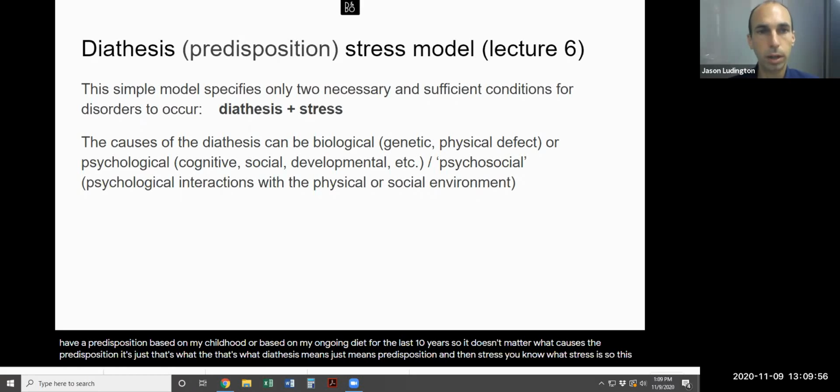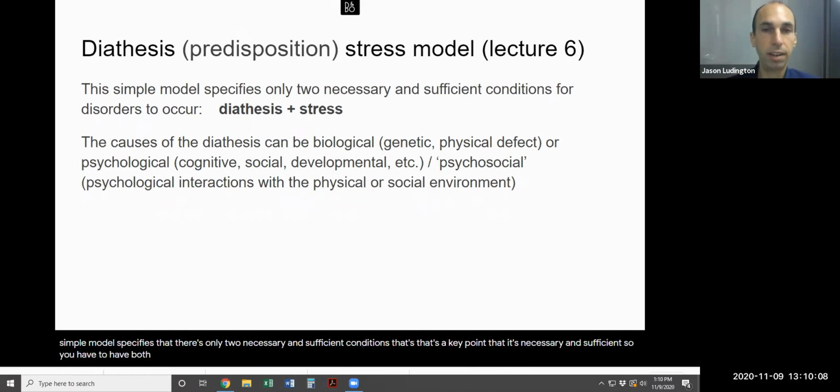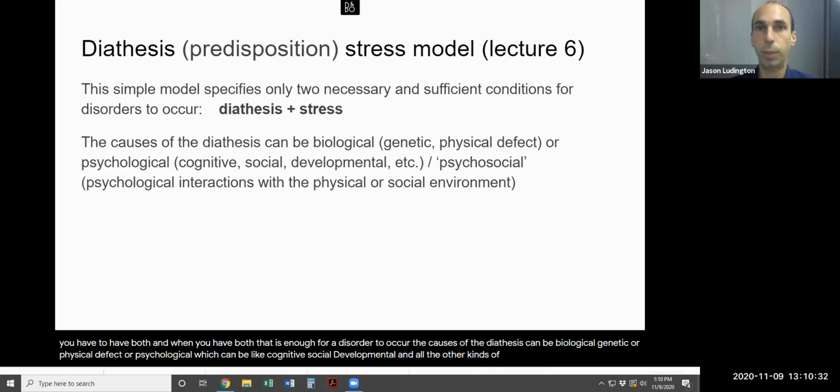So this simple model specifies that there's only two necessary and sufficient conditions. And that's a key point, that it's necessary and sufficient. So you have to have both, and when you have both, that is enough for a disorder to occur. The causes of the diathesis can be biological, genetic or physical defects, or psychological, which can be cognitive, social, developmental, and all the other kinds of psychology that we learn about.